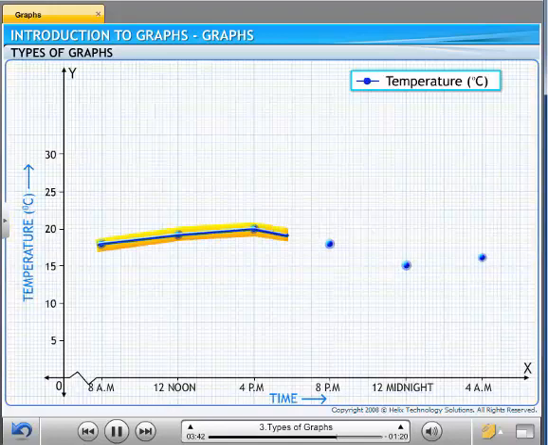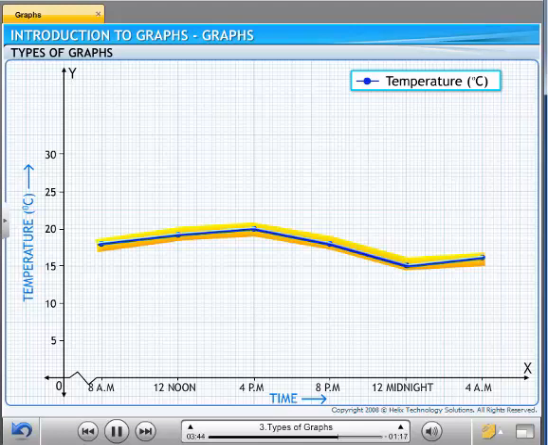Yet another type of graph is a line graph. A line graph usually shows a visual comparison between two quantities using a series of line segments. The line segments are joined end to end.